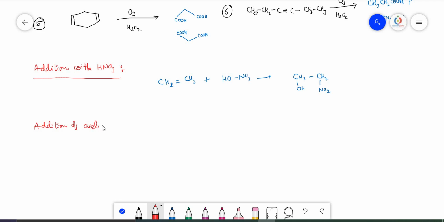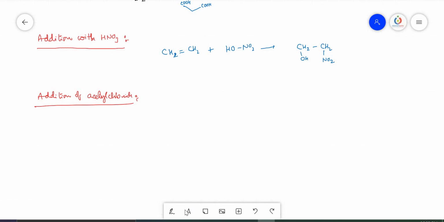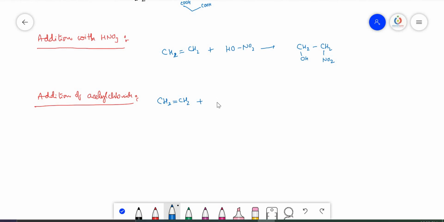Addition of acetyl chloride: CH3COCl, so chlorine on one side and CH3CO on the other. The positive part goes to the double-bonded carbon with more hydrogens. So CH2Cl on one side and CH2COCH3 on the other. This is the other one.